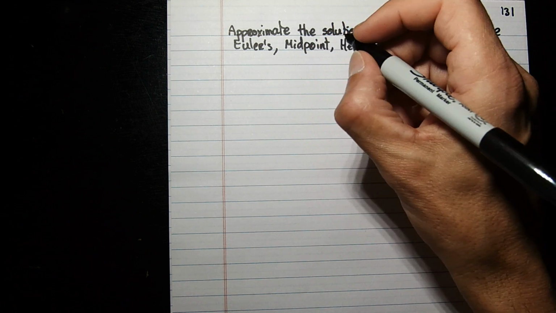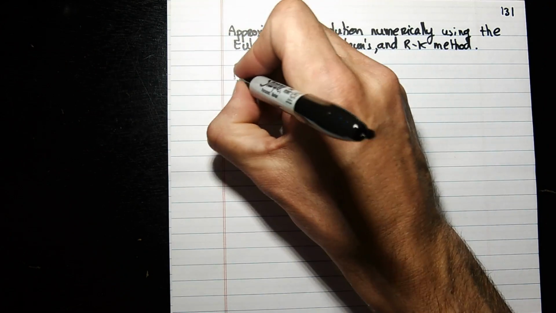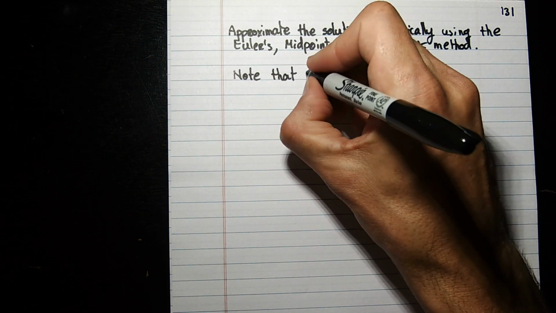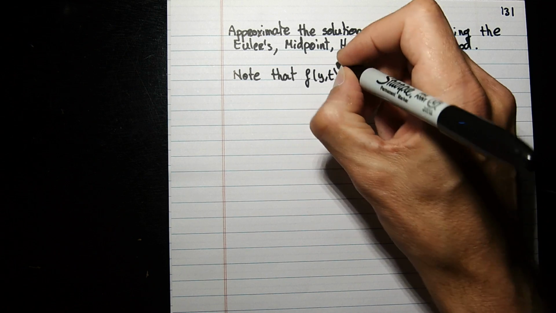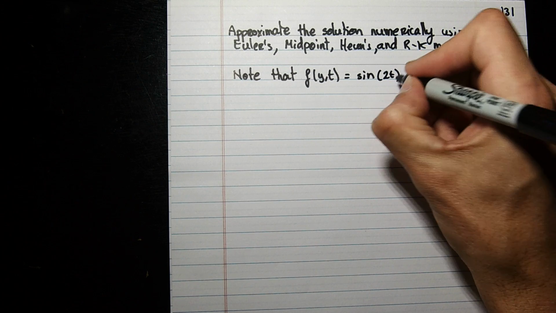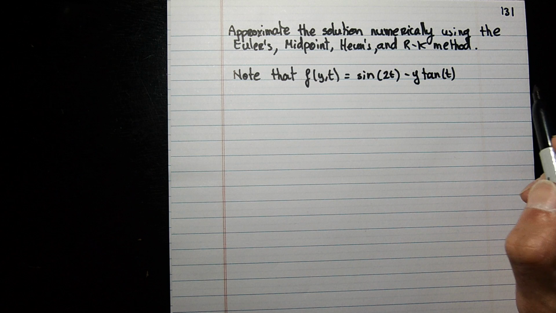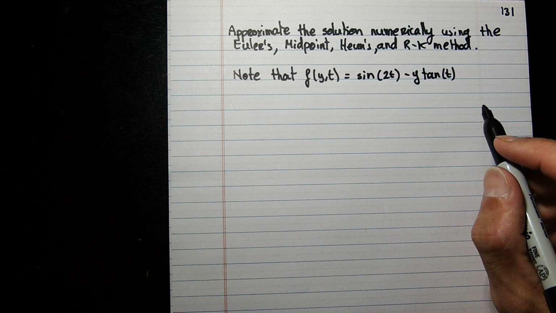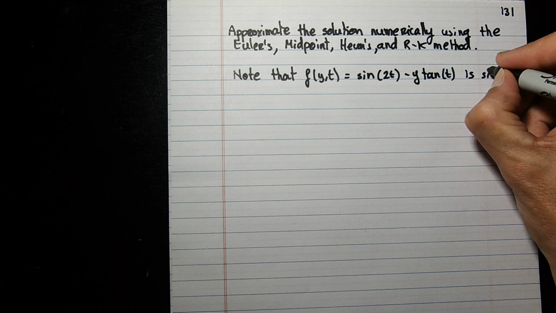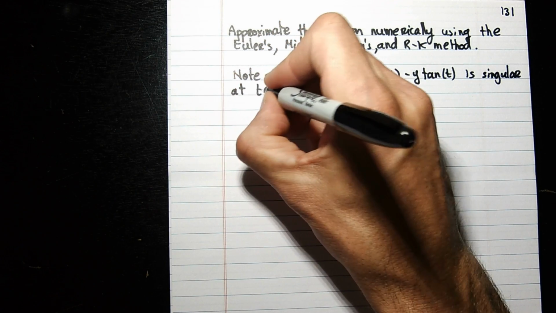So basically we take the equation. I just want to note here that f of y, t equals sine 2t minus y tangent t is singular at t equal what?